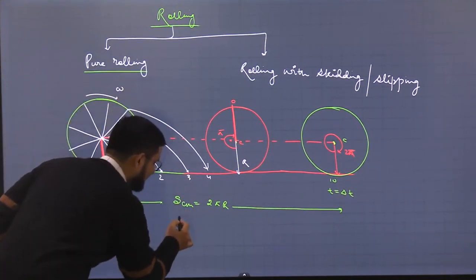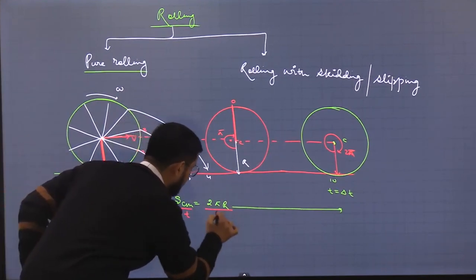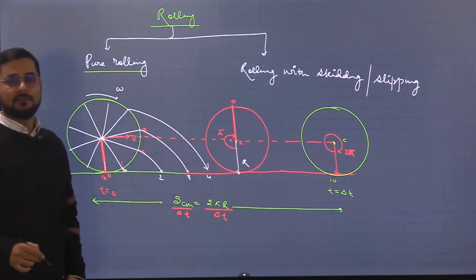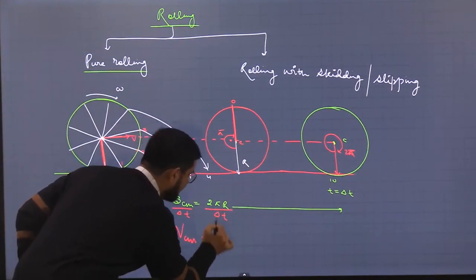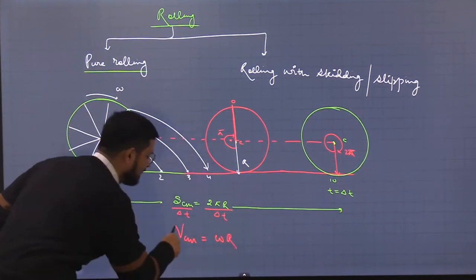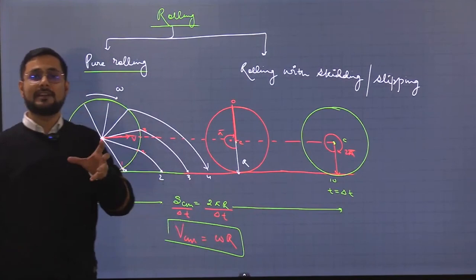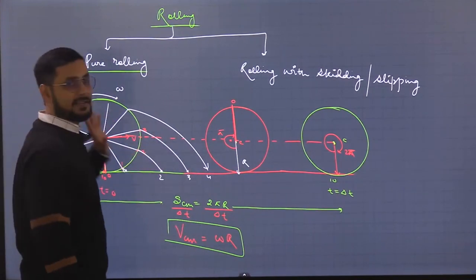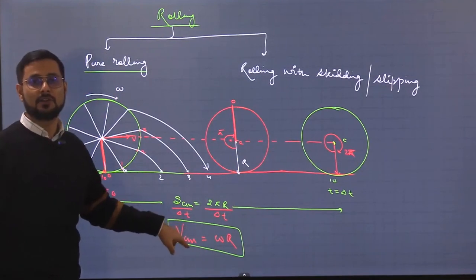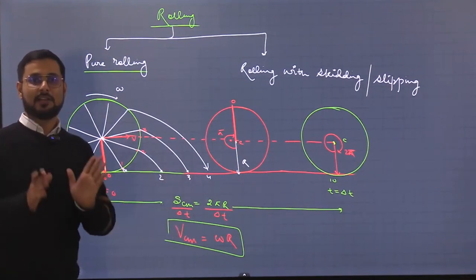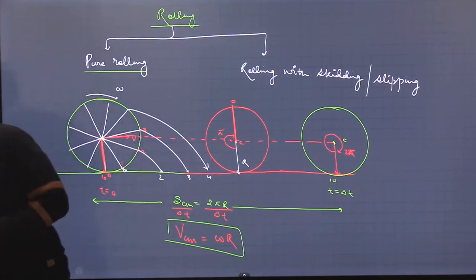Now, if this displacement has taken place in delta t time, dividing this equation by delta t, you get VCM equals omega into r, where omega is 2 pi by delta t, the angular speed of this wheel about the axis of rotation. So this is the main condition of rolling motion, in which the wheel rotates such that it leaves the impression like this.